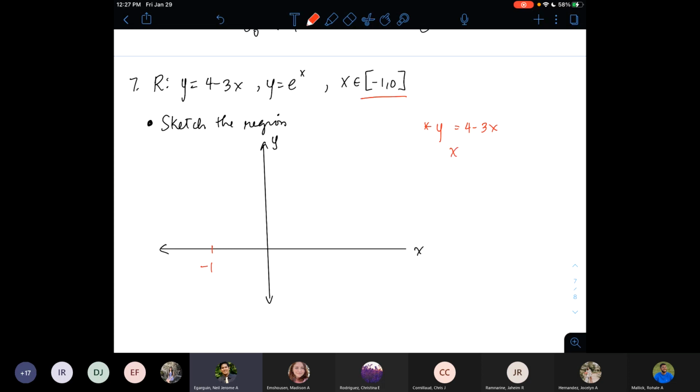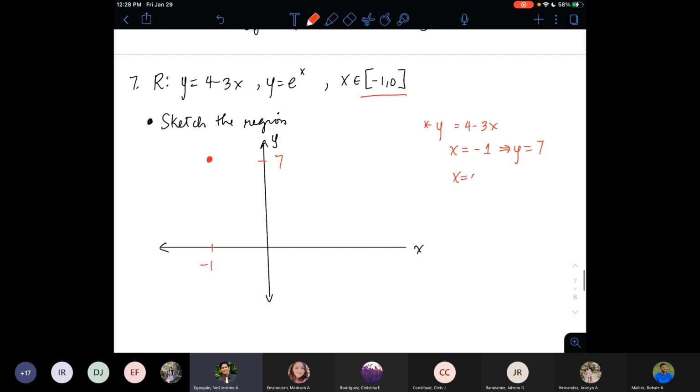So might as well use those two values for x. When x is equal to -1, then y would be 7, somewhere here. And then when x is 0, we get y equals 4. So the graph over the interval -1 to 0 is something like this.